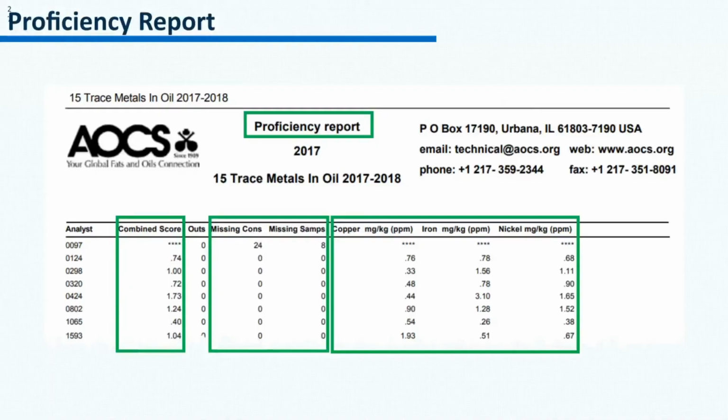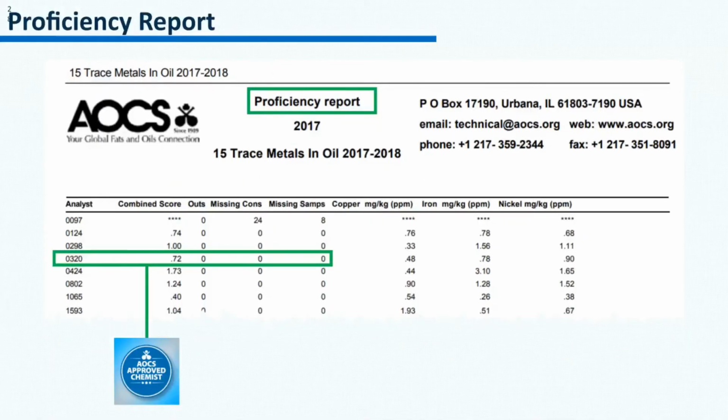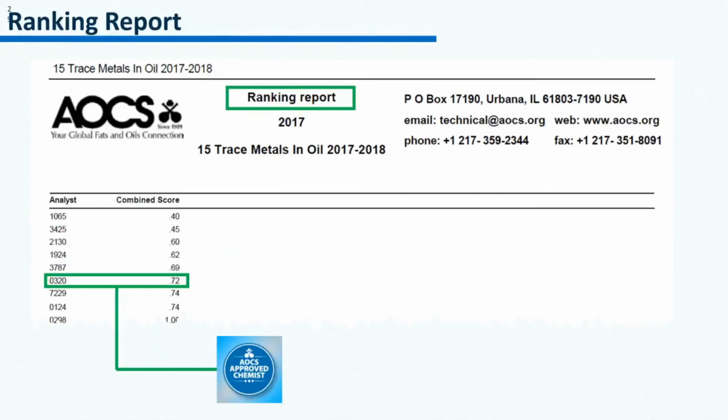It is the weighted average of the root mean square z-scores of the constituents. If an analyst has a combined score of less than 1.4 and has no missing constituent, the analyst is qualified to apply for the approved chemist status.